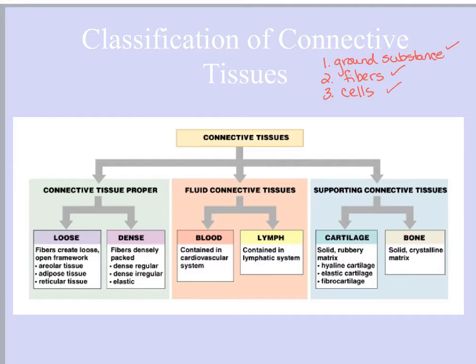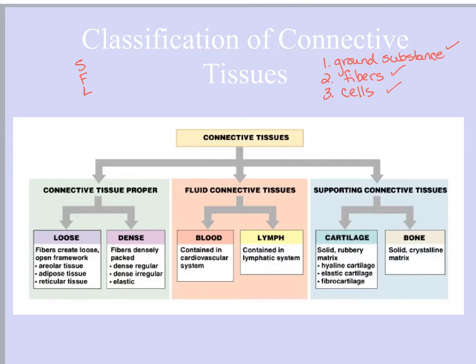Remember the 3 things I asked you to always think about when we're learning anatomy? There's structure, function, and location. So I would hope that for all of the connective tissues we're about to discuss, you'd be able to describe their structure, their function, and their location, where you find them.